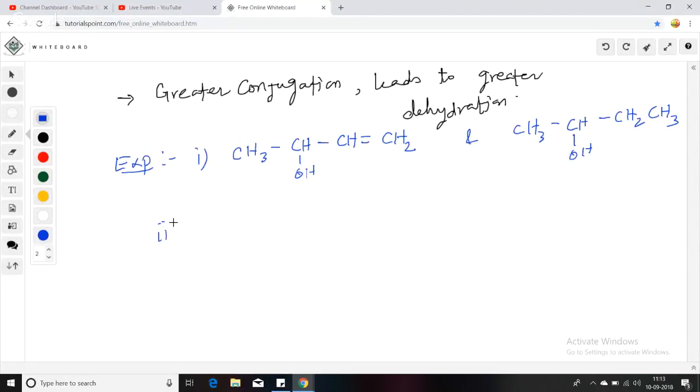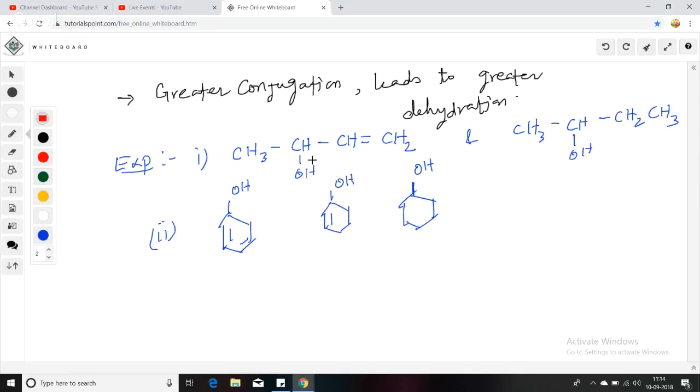Second question, if I give you this OH, first one, second, OH, third. In all these, you have to judge in which of these molecules the dehydration will be easier. So we'll see conjugation in this.